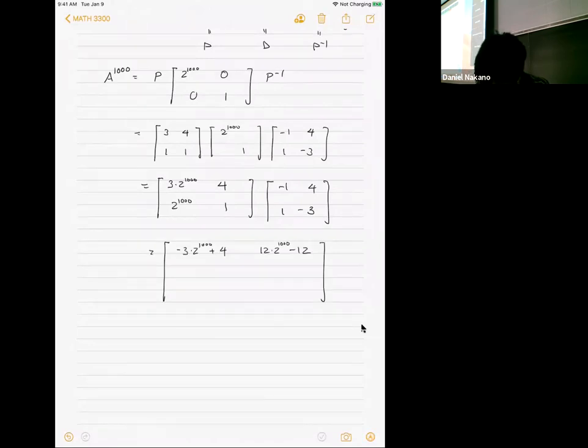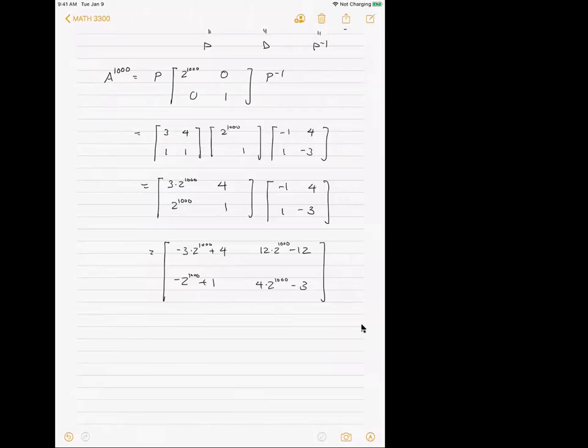And the third one I get minus 2 to the 1000 plus 1. And finally I get 4 times 2 to the 1000 minus 3. Okay, any questions on this?